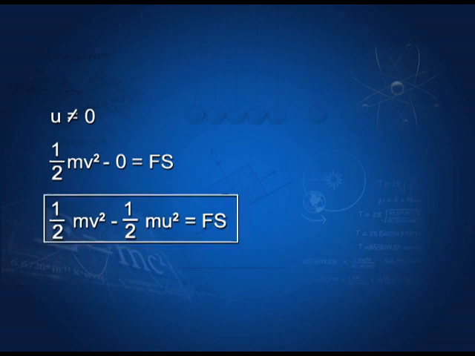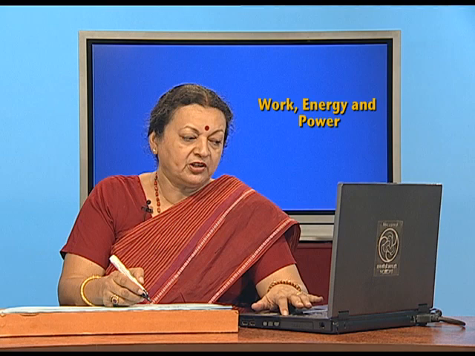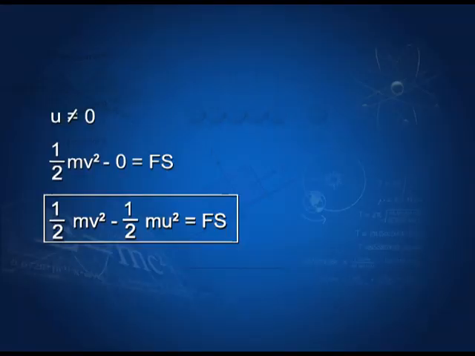This is called the work energy theorem, which tells us that the amount of work done is equal to the change in kinetic energy. This is a very useful equation, because we can use it to find the value of work in case we know the change in kinetic energy, and we can find out loss in work done by forces that we do not know. We can do an example to this effect and find that out.